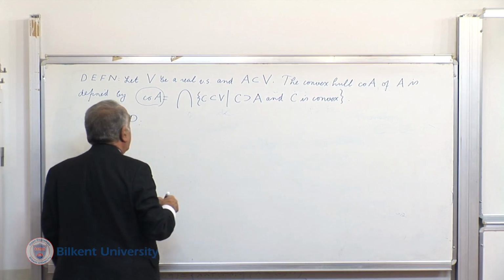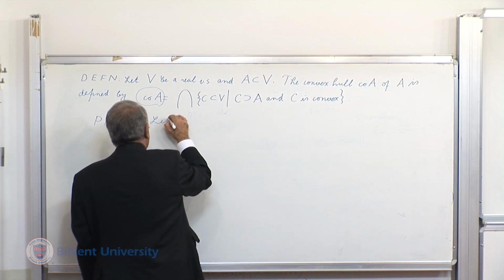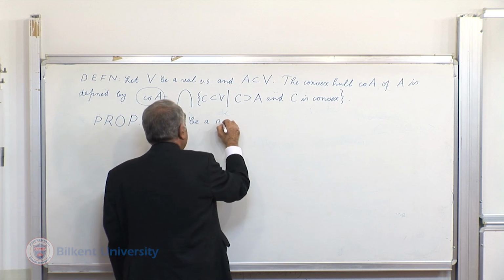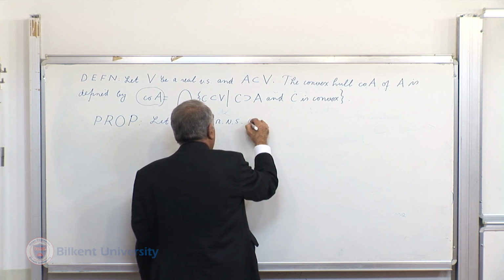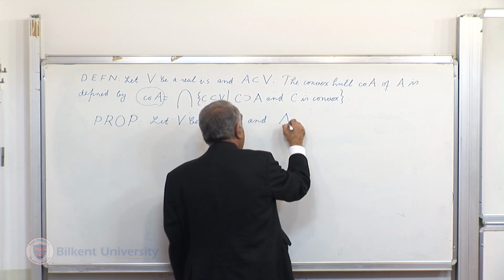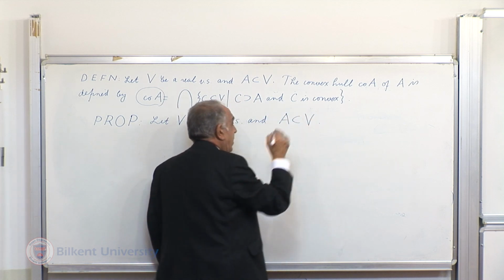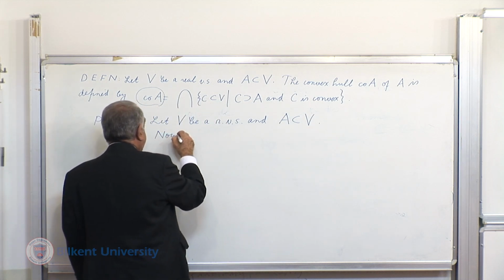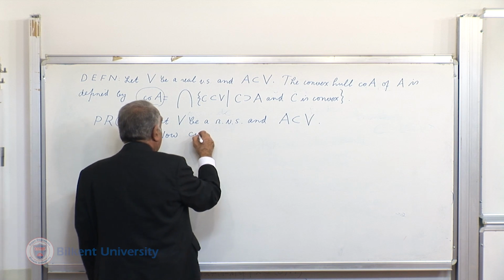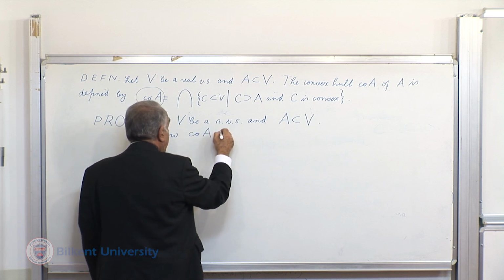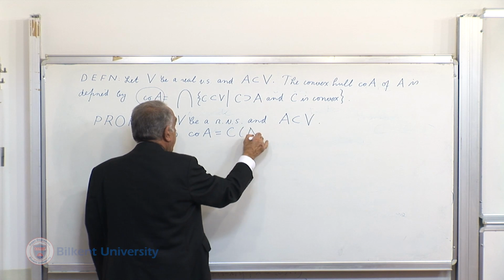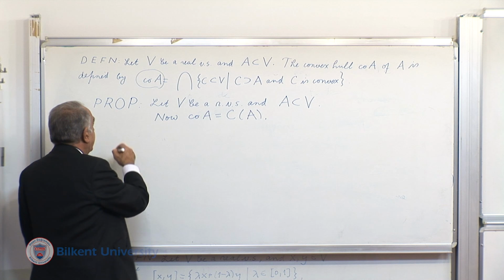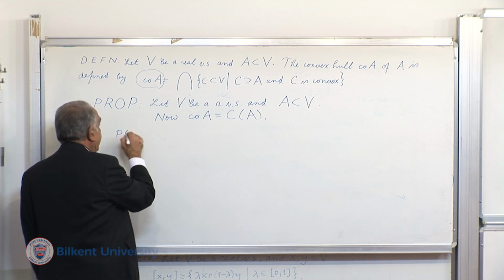But now we have the following proposition. Let V, again, be a real vector space and A a subset of V. Now, the convex hull of A is equal to C of A. The proof is simple.